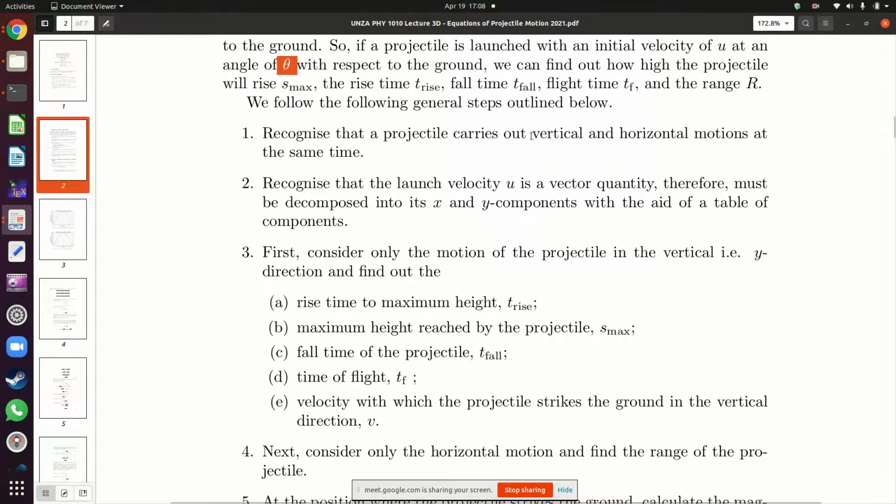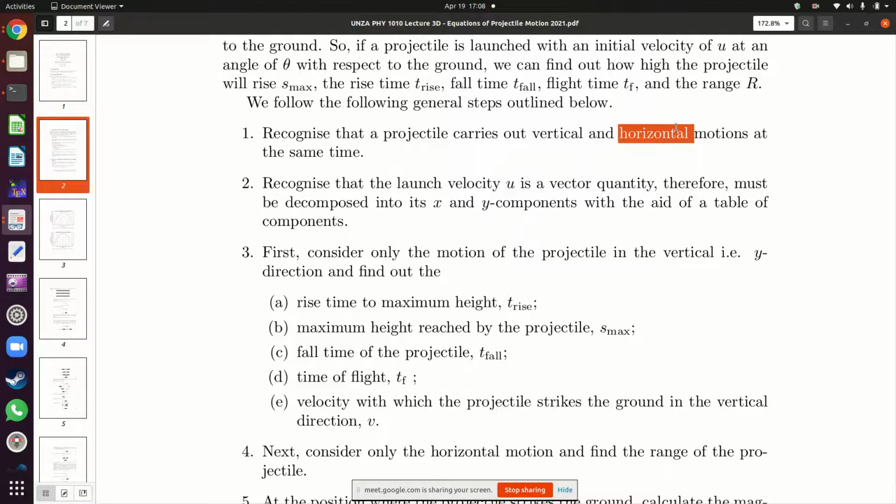The thing you should also note is that for the horizontal motion of a projectile, there is no acceleration in the horizontal direction. So basically, the projectile moves in the horizontal direction at constant velocity, while in the vertical direction, acceleration is present. Because in the vertical direction, your projectile needs to reach maximum height, and when it reaches maximum height, the velocity is going to be 0.